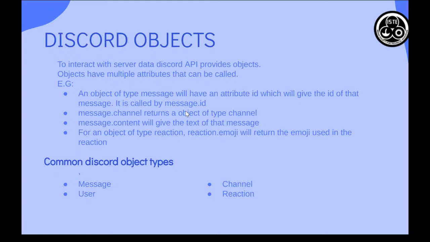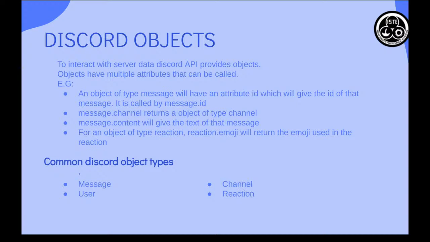Every time a message is sent, a message object will be sent to our code. We'll be seeing this moving on. We'll be seeing objects of type reaction, channel, user objects, messages, etc. As we move on, we'll see each of them.